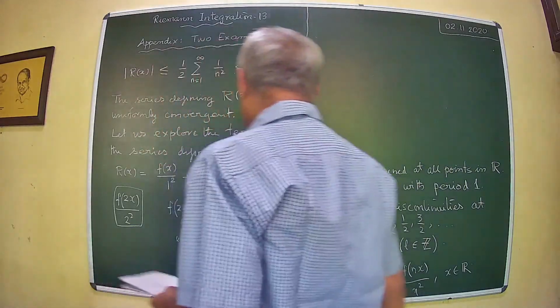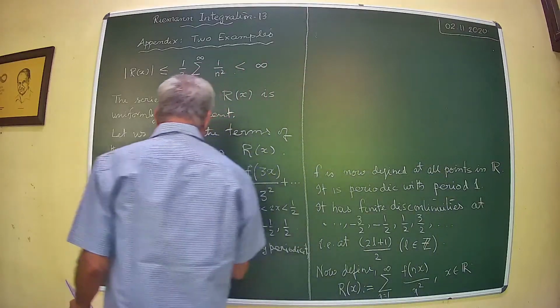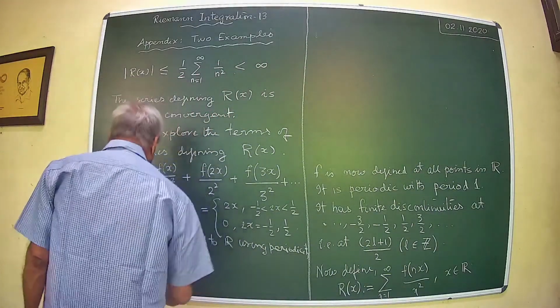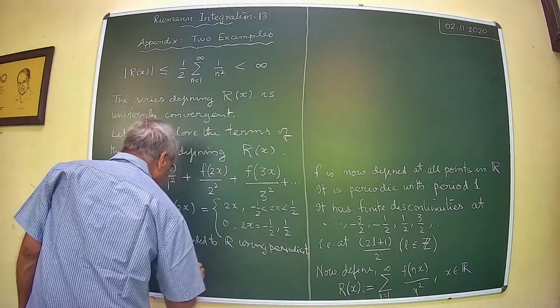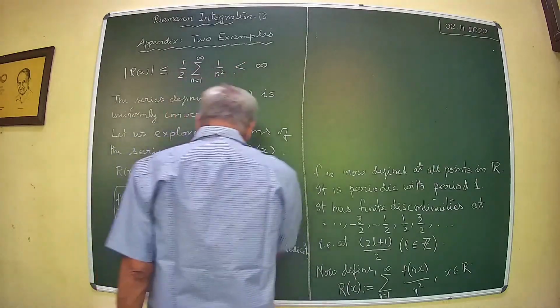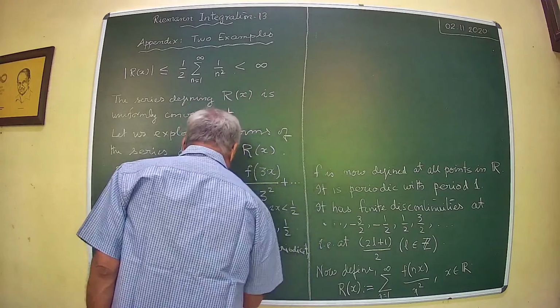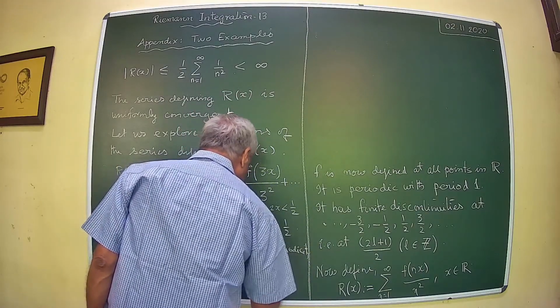So let us look at the graph of this function. Now f of 2x is equal to 2x. And what is this interval? This interval is minus 1 by 4 less than x less than 1 by 4.